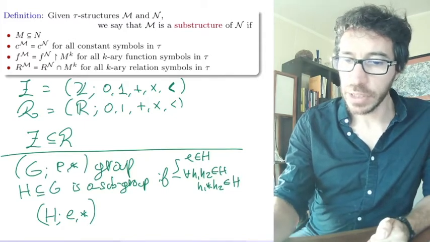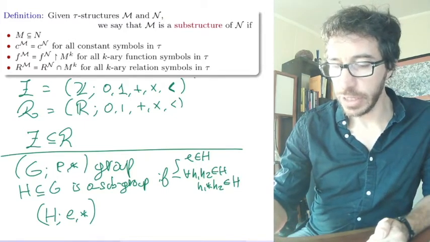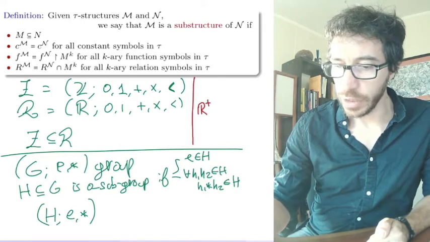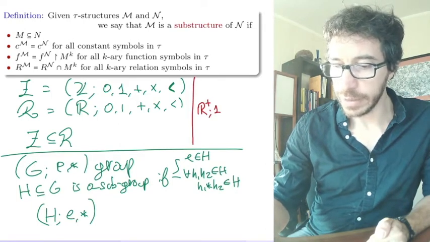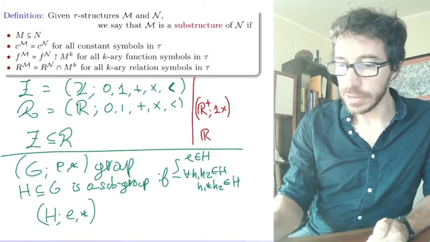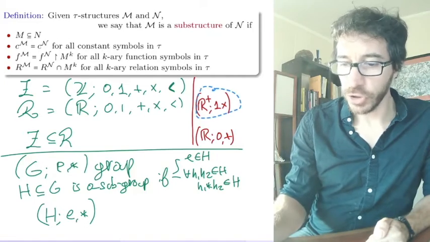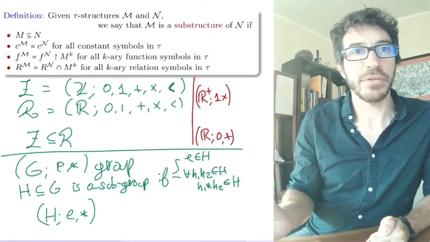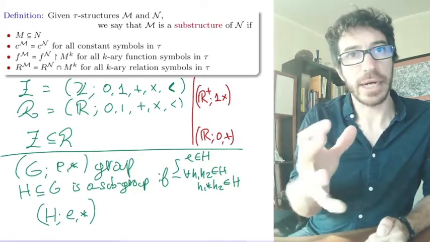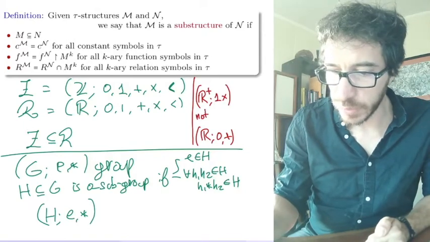So for instance, this would not be the case if you take the positive reals with 1 and times, and the reals with 0 and plus. We saw this example before. The positive reals are a subset of the reals, right? So R plus is contained inside the reals, but this is not a substructure.